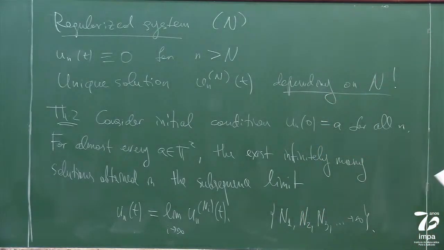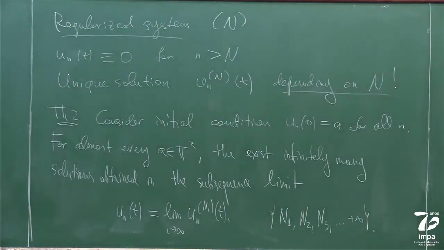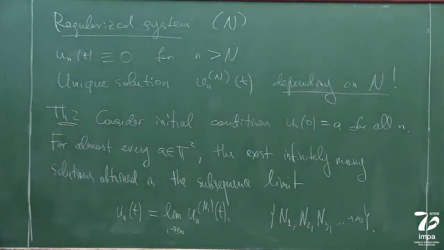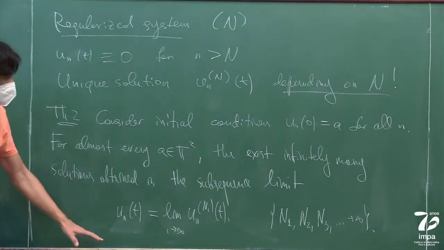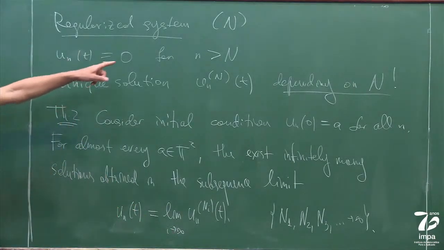What it tells us is two things. The first thing is that for almost every initial condition of this form, we don't have a limit of the solution when N goes to infinity.